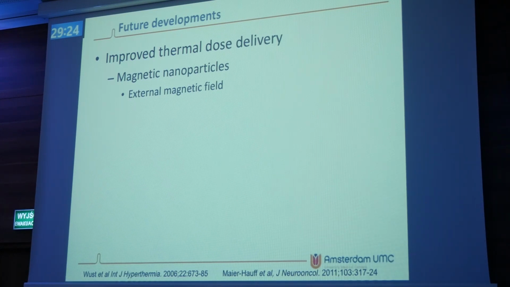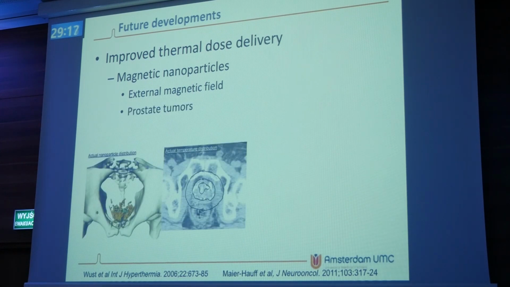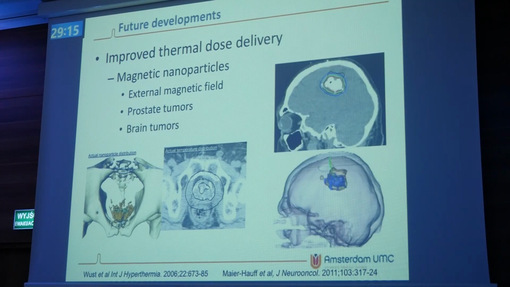Also, just mentioned is that for brain tumors, you could use magnetic nanoparticles. This has been tested for a number of locations, including brain tumors, where good therapeutic temperatures were demonstrated, and also indication that the clinical results were better than for other therapies.